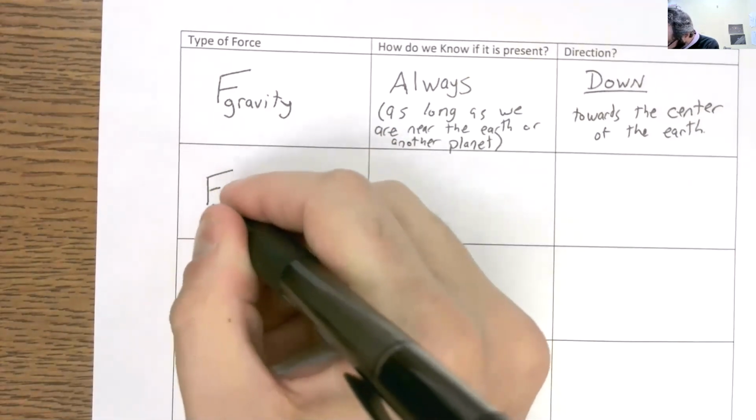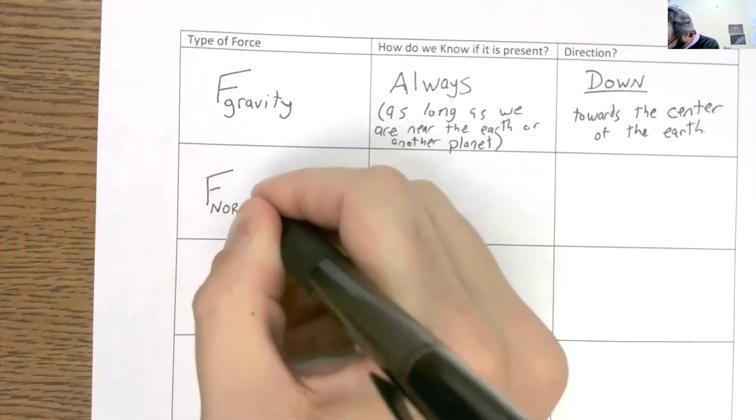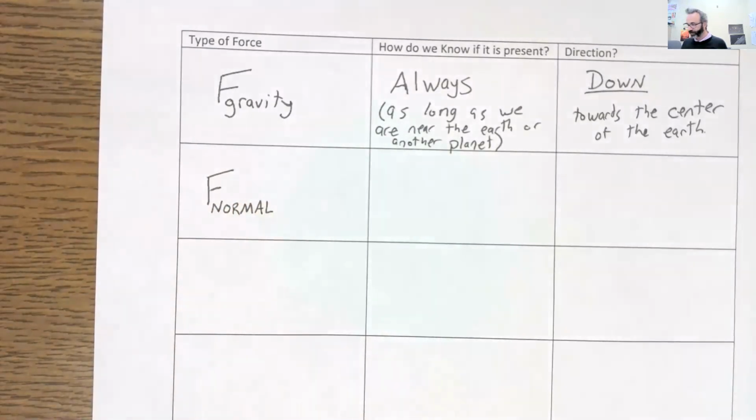The next force we learned about was the normal force. How do we know if the normal force is present in a situation? We saw it briefly in the notes the other day. It's if the object is on a surface.